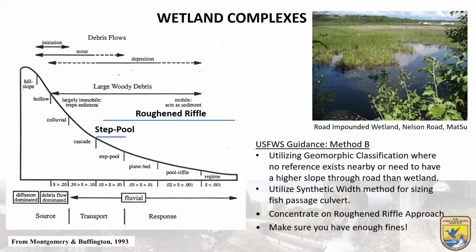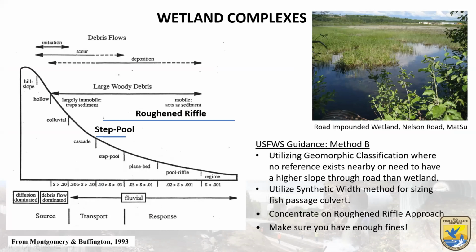Here we have an example of the Nelson Road area, that road impounded. Well, it's not really a road impounded wetland. It is impounded to some degree, but would be a wetland at any rate. So method B looks at a geomorphic classification, which you see on the left. This is Montgomery and Buffington's.